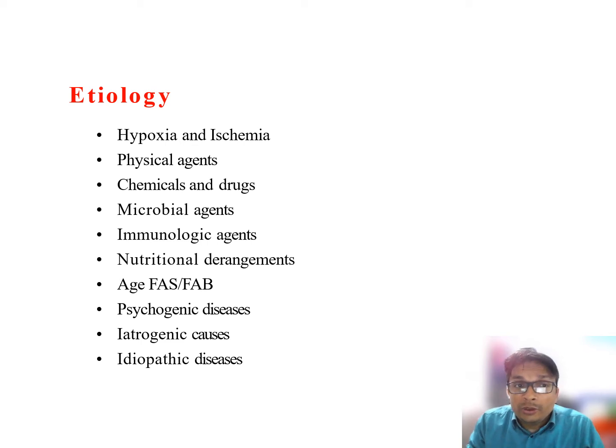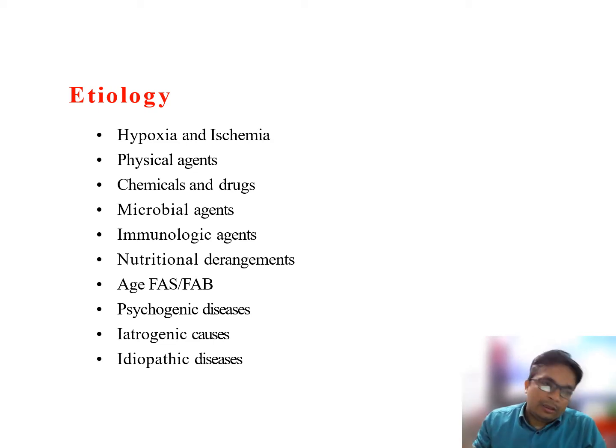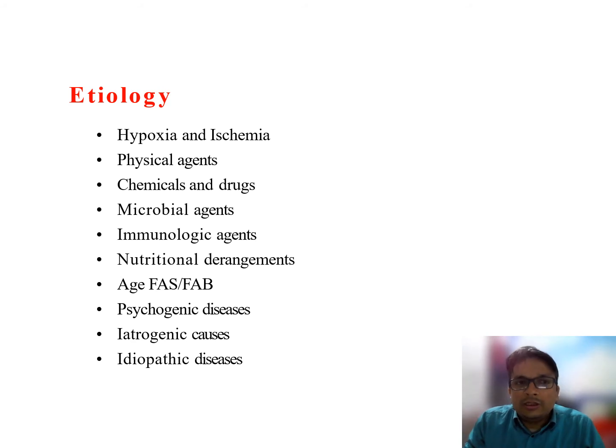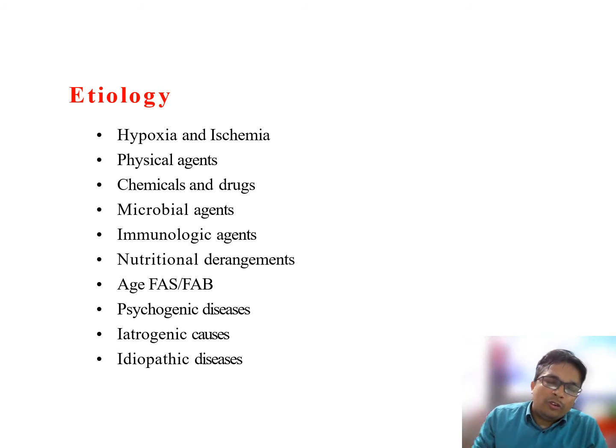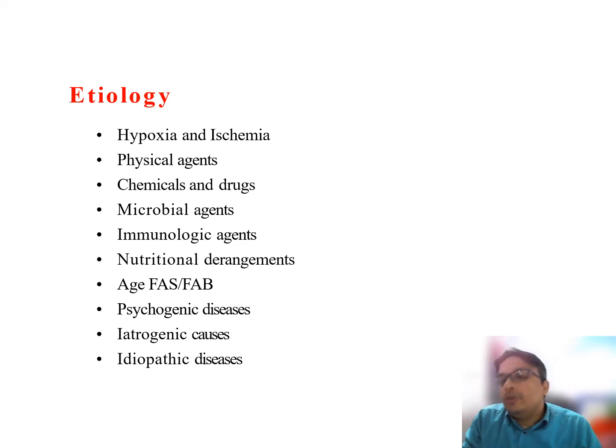It will form into a sickle cell shape, and that results in sickle cell anemia. So this is one example of nutritional derangement; you can see there are a number of nutrients required for the normal growth or normal homeostasis of the cell.